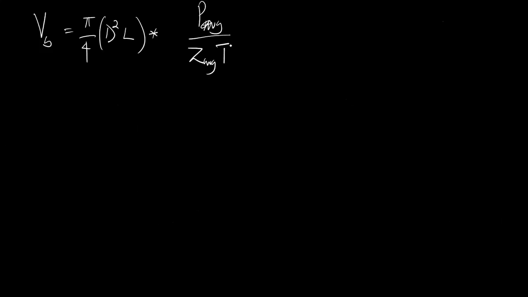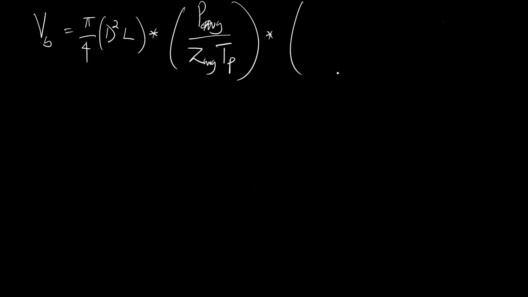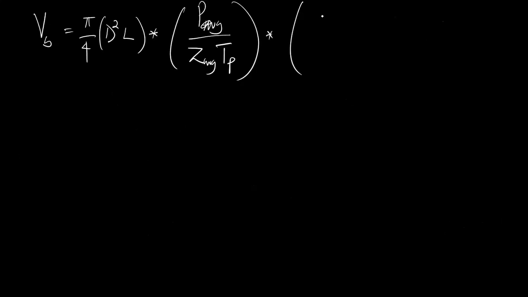So that is the temperature of the gas at that VP times what again? The ZB is 1, so we're not going to bring it over. So we have TB divided by PB. Let me see. Correct.